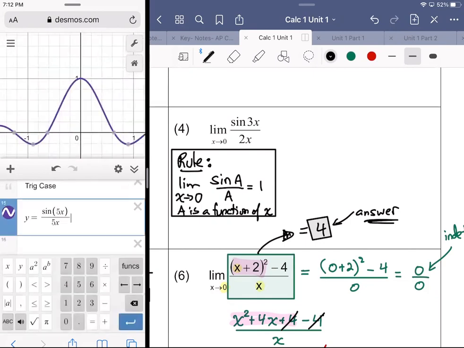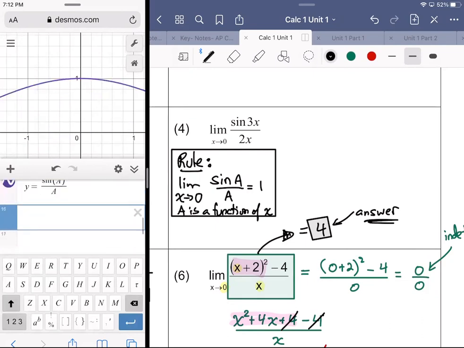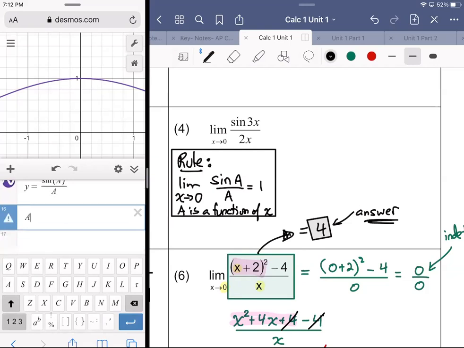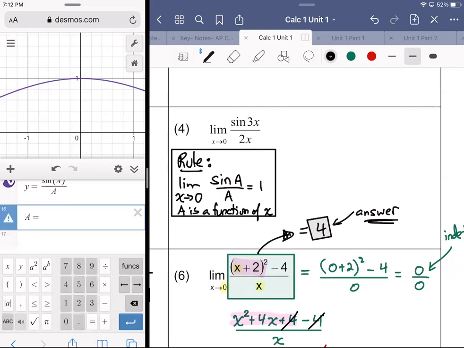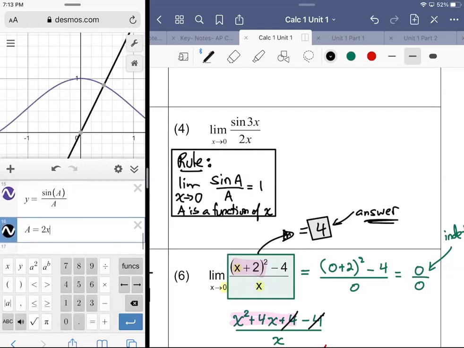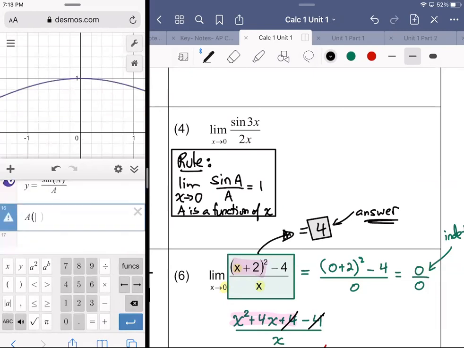So what I can do here is make this a capital A, and Desmos will understand that, which is great. I could also allow for A to be some function of X. Let A equal 2X. For some reason, Desmos didn't understand that.